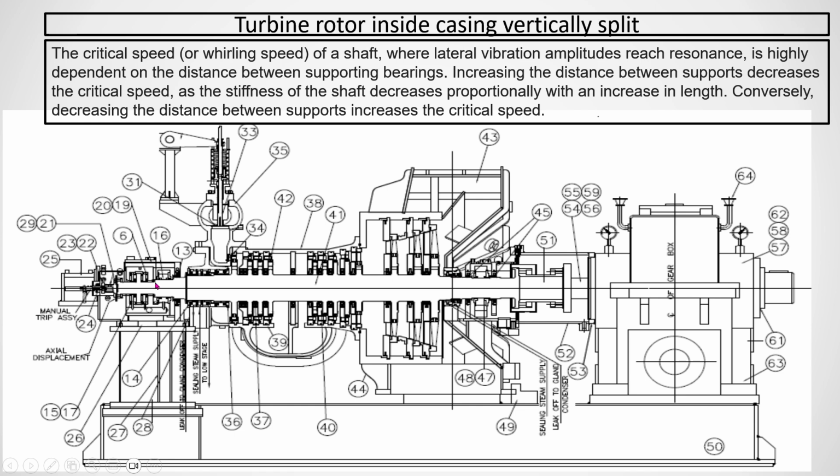When the length is less, your critical speed will be high, and it will be more than the operating speed of the turbine. And this is the thrust bearing. So that is the reason the conical shape has been provided in the turbine exhaust hood casing.